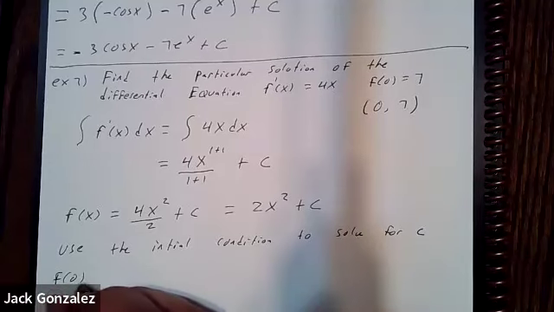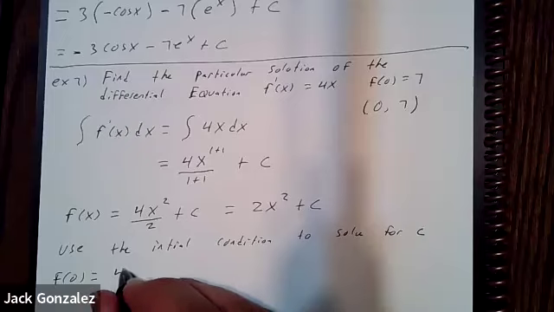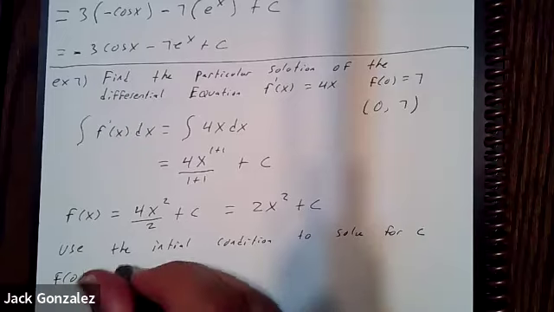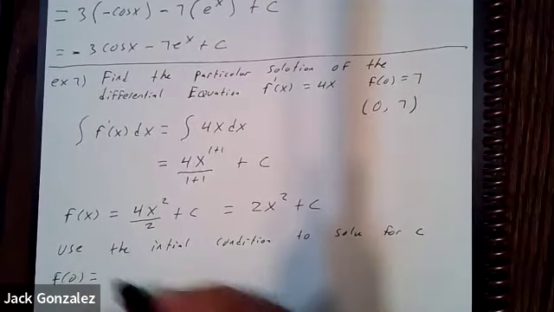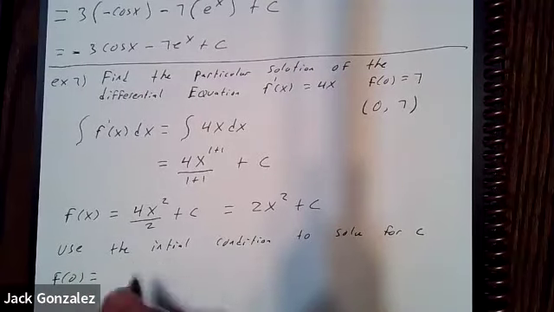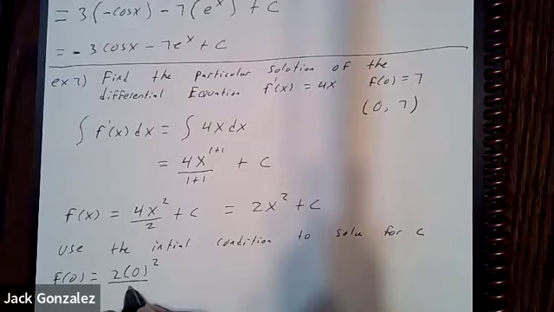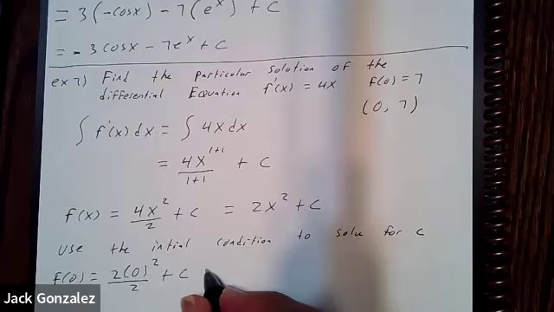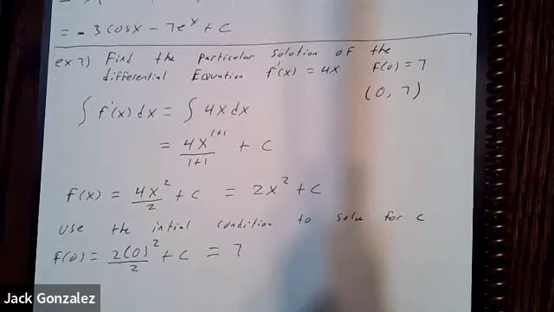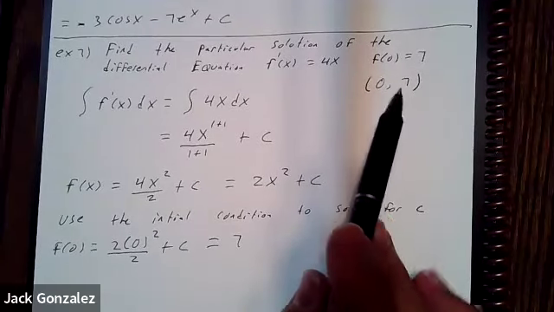So f of 0 is equal to, actually 2 times 0 squared plus c. So this is equal to 7, right? That's what the condition said.